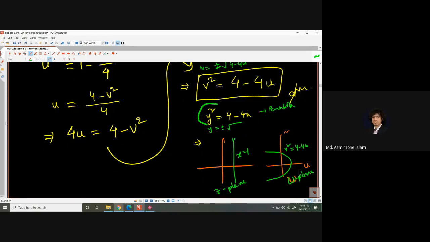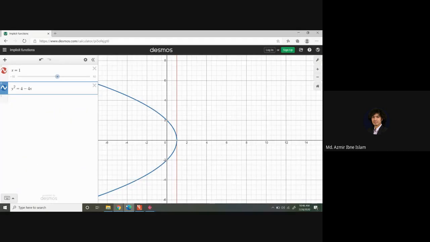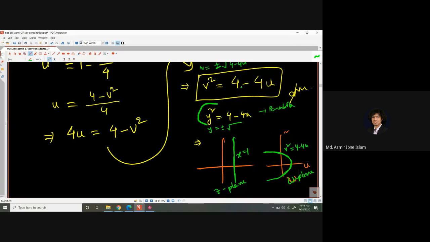Whatever we had previously, a vertical line, after using the concept of mapping, we have a curve. I have used a mathematical tool, either Wolfram Mathematica or Desmos. But how can we draw this graph by hand, freehand? Do you know how we can draw this graph?